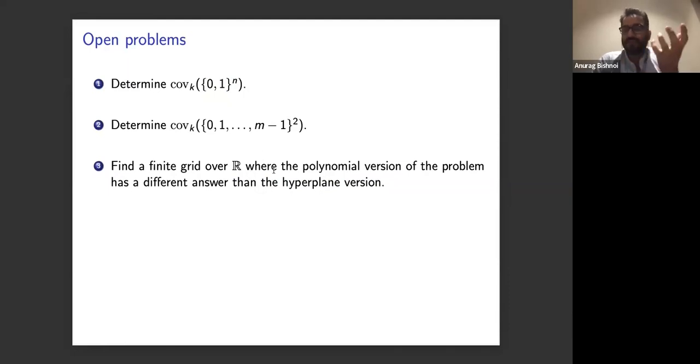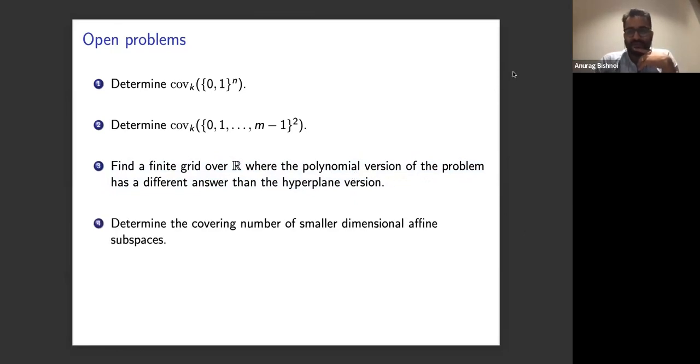And in the plane, can you find a concrete, even small finite grid, where you can find perhaps a very complicated looking polynomial, a degree 100 curve, which has the right properties, but you can't find 100 lines? So there is a separation. In fact, I don't even know any example, forget over R, over any field, where the Ball-Serra bound is tight for polynomials, but it's not tight for hyperplanes. So this is a very general problem in this direction of trying to understand this polynomial method.